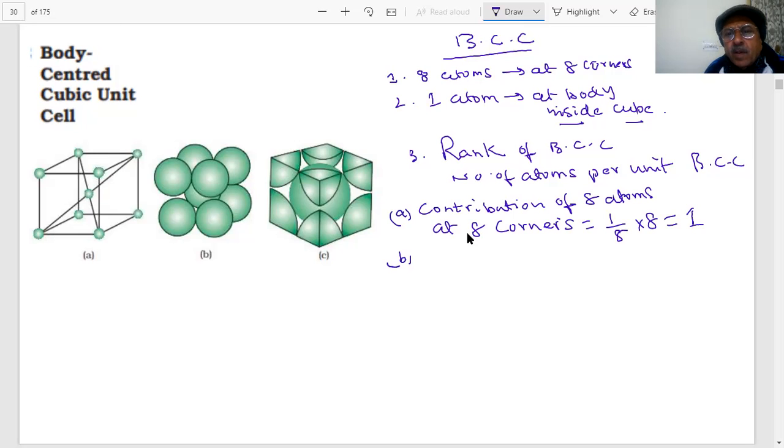Second, what is the contribution of the atom which is inside the body of the cell, students? Contribution 1 into 1. 1 body center atom.